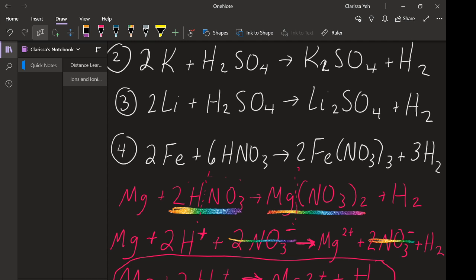And then rewrite it with the canceled charges missing. For the next one, remember that SO4 makes a 2 negative charge.